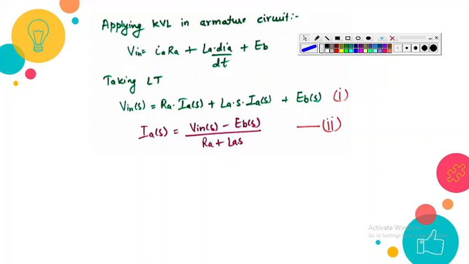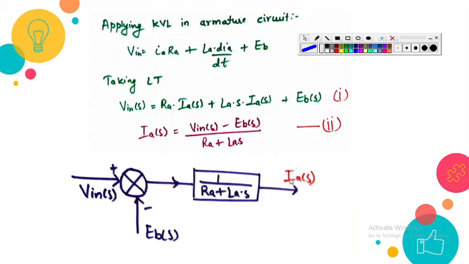Here you can see IA is written as Vin minus Eb divided by Ra plus La s. Vin is one variable and Eb is again a variable quantity, so I have to subtract this.